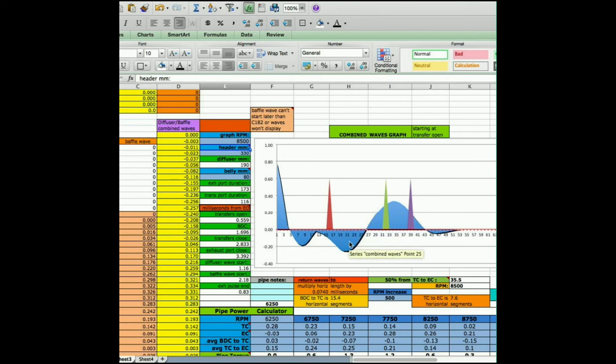And you want the diffuser wave, the suction wave from the diffuser to augment that, to be in harmony with that. And if you get a pressure wave or a section of the pressure wave happening before transfer closing, that is going to cause some of the intake charge that's been sucked up into the cylinder because of the suction wave to be pushed back down the transfers.